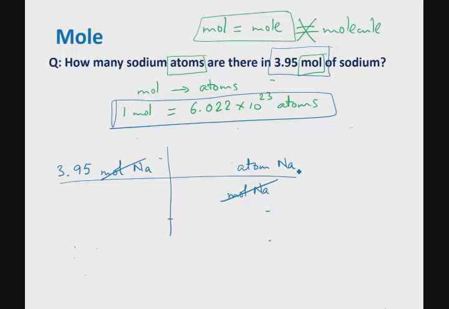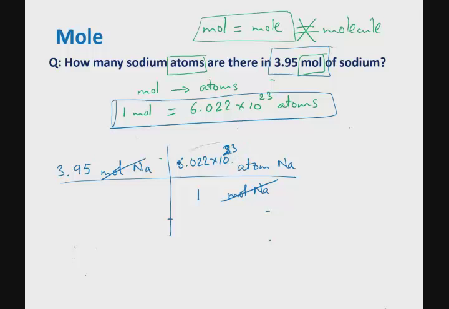Then you put in the number from the standard equation, which says 1 mole of sodium, 1 mole of anything, will have 6.022 times 10 raised to 23 particles, which in this case are atoms of sodium.